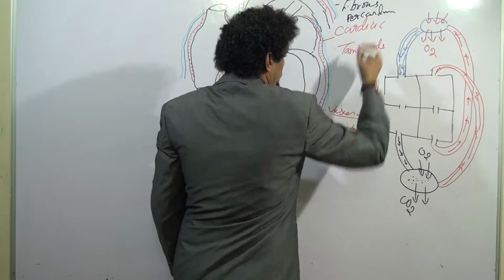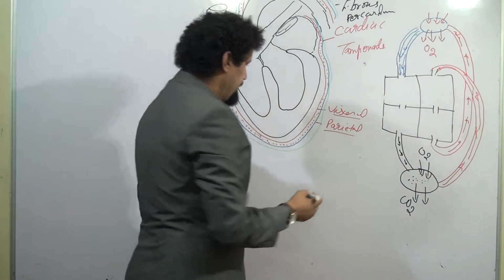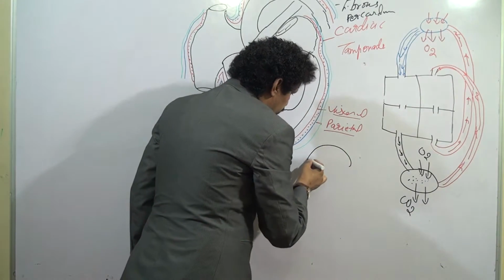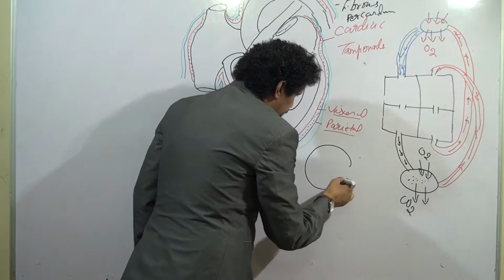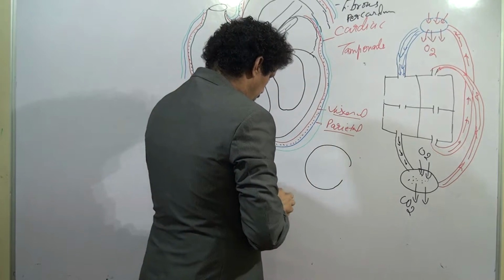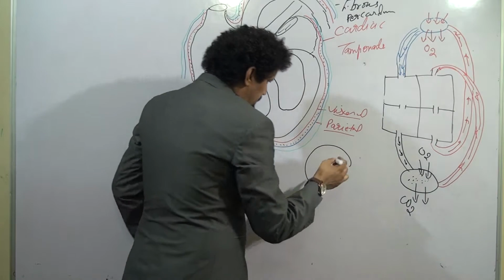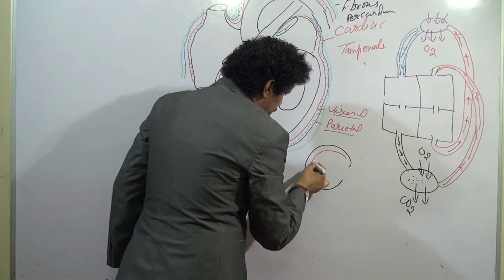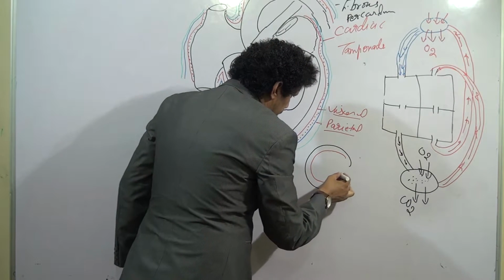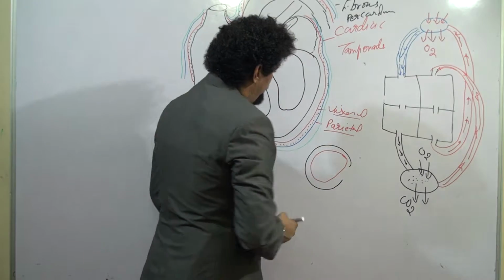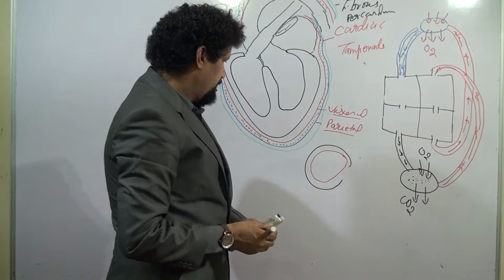During development there is an outermost layer, that is the fibrous pericardium, and here is the balloon-like serous pericardium.